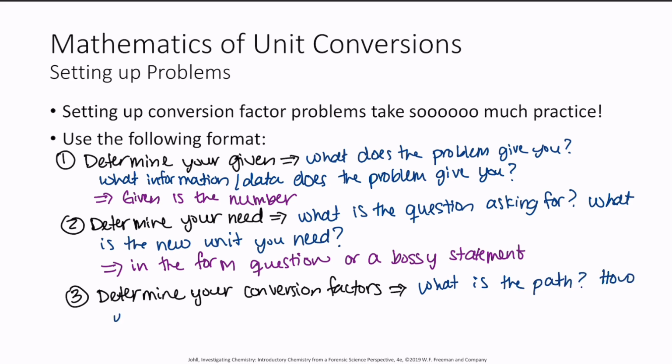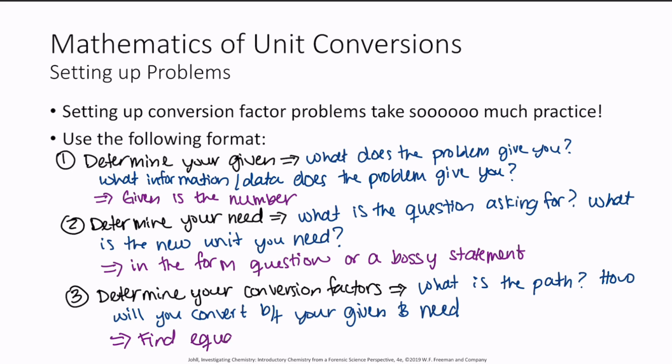How will you convert between your given and your need? Is it going to be one step? Do you just need one conversion factor, or are you going to need more than one? So you're going to need to find equalities that relate your given and your need.